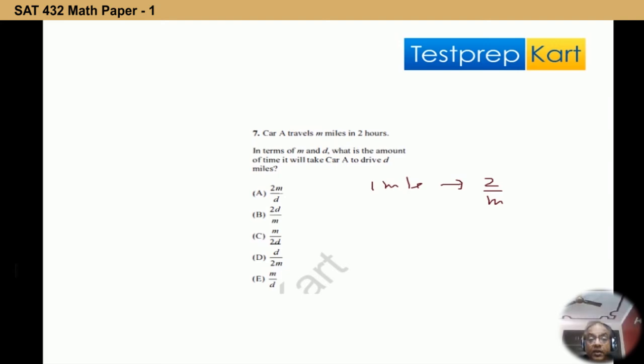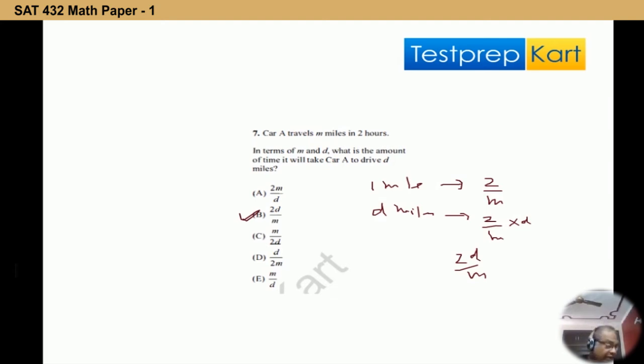So d miles will be covered in 2 upon m, that's time, into distance, that is d. So it is 2d by m. That's option B, which is correct.